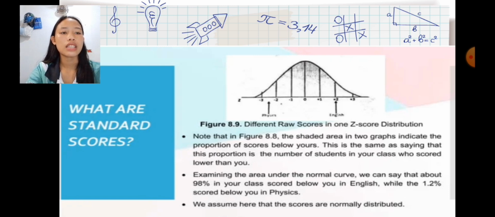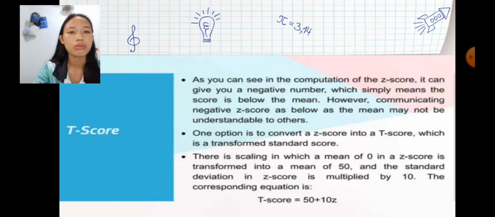This is the same as saying that this portion is the number of students in your class who scored lower than you. So, examining the area under the normal curve, we can say that about 98% in your class scored below you in English, while 1.2% scored below you in physics. We assume here that the scores are normally distributed.